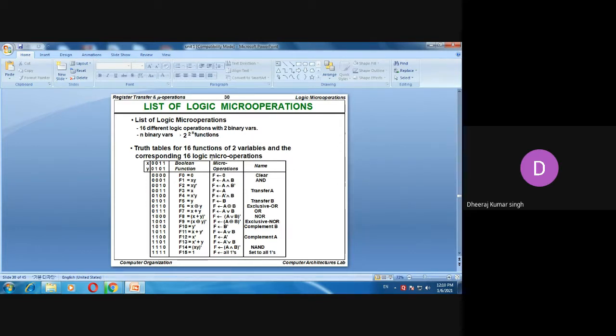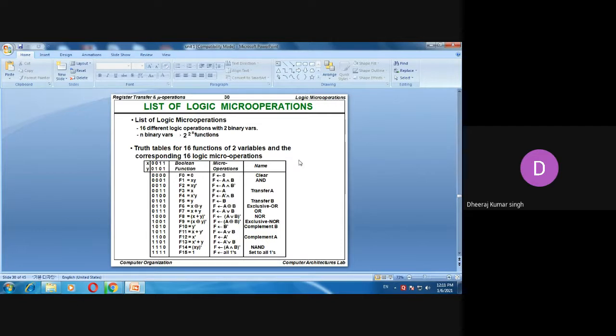If n binary variables are there, the total number of operations that can be performed is 2 to the power 2 to the power n. For two variables, it is 2 to the power 2 to the power 2, a total of 16 operations. When the variables are 3, it is 2 to the power 2 to the power 3, which is equivalent to 64 operations.